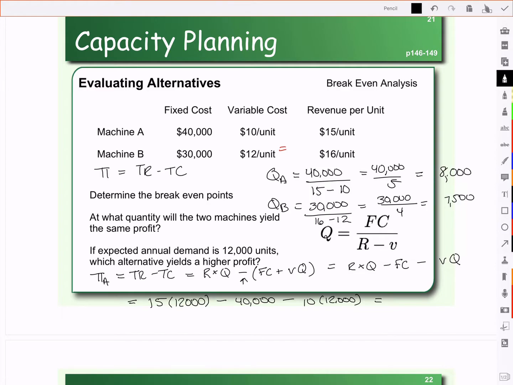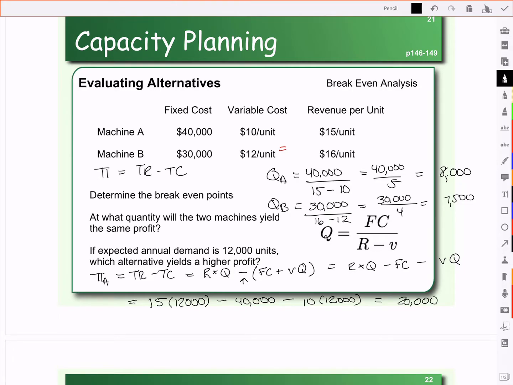So that's 15 times 12,000 minus 40,000 minus 10 times 12,000. So what we find is the profit for machine A, if we're forecasting 12,000 units, is 20,000.